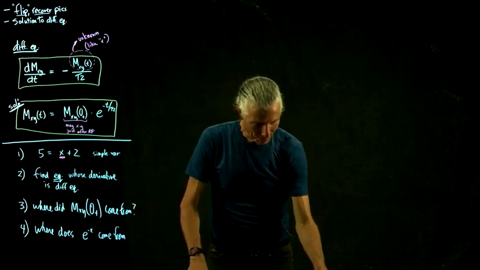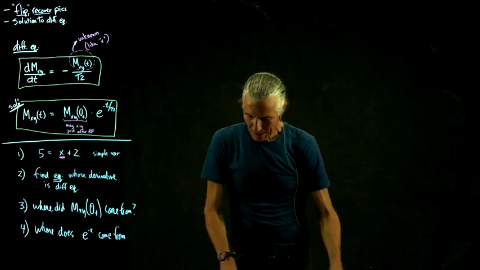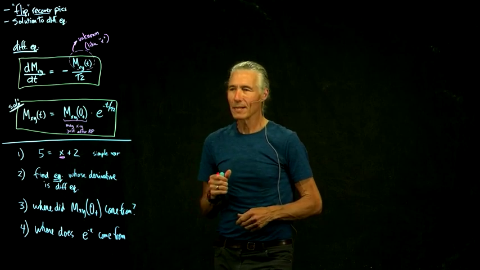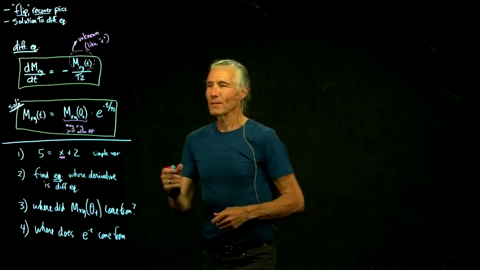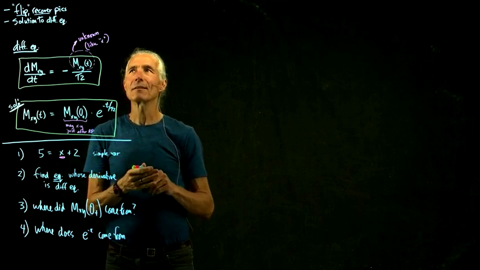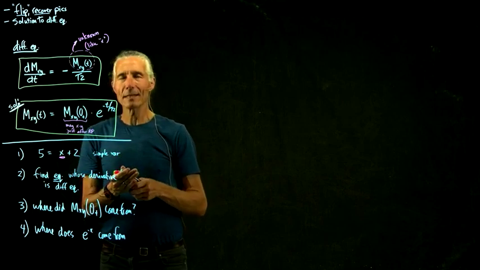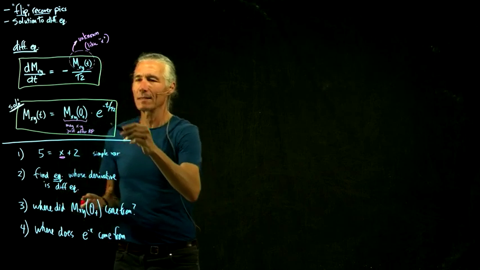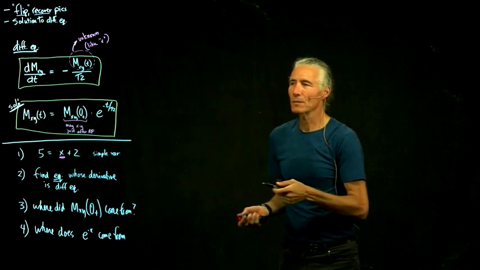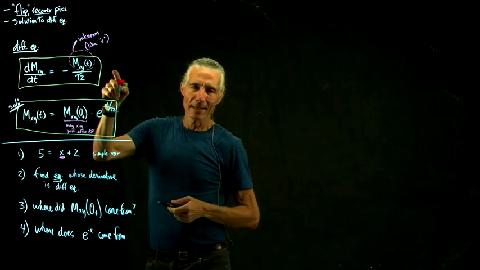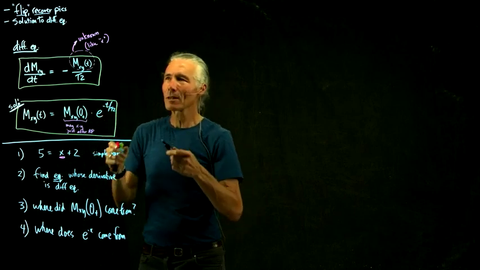Okay, so let's try to make this as clear as possible. First of all, why do we often end up with e? If you go into MATLAB and just plot e to the x, not minus x, just e to the x, and look at what it looks like.